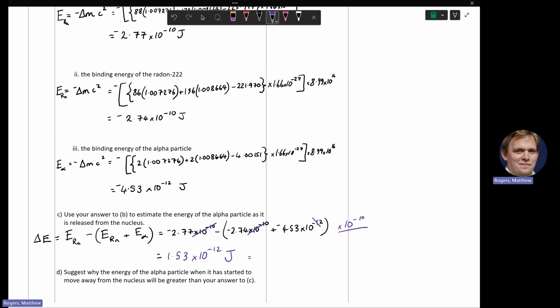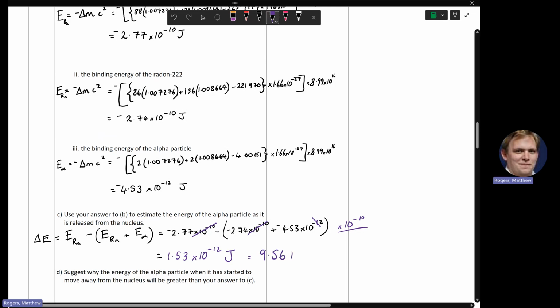We'd multiply it by 1.6 times 10 to the minus 13. No, we wouldn't. We'd divide. I'm doing the wrong thing. Let's try that again, which would give us a value of 9.56 mega electron volts.